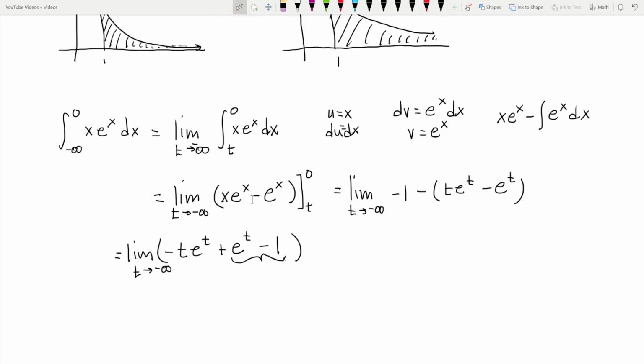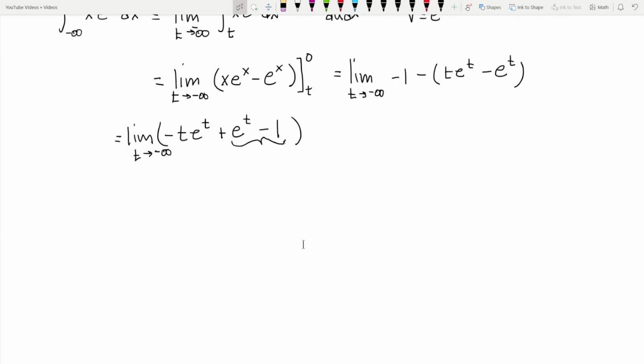All right, so I'm going to come over here and do some scratch. The limit as t goes to negative infinity of negative t e to the t is a L'Hopital's form, because this goes to infinity times 0.